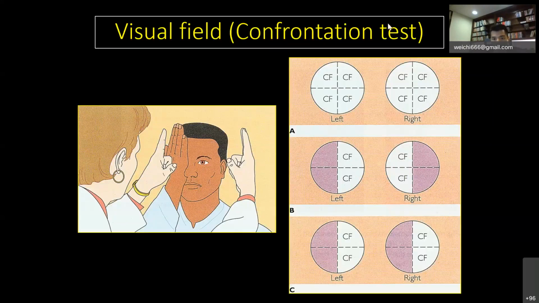So you have bilateral temporal hemianopia. That means the temporal visual field has a defect in both eyes. Okay, that's an indication of a lesion at the optic chiasm. So this is a visual defect from both temporal sides.